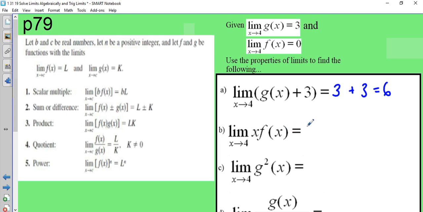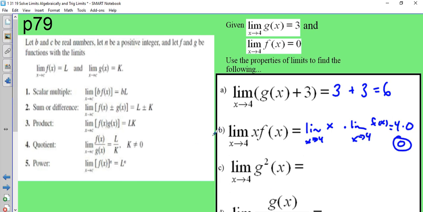Awesome, huh? All right, for this one, we're going to find the limit as x approaches 4 of x, and multiply that by the limit as x approaches 4 of f of x. Well, this limit, as x approaches 4, by direct substitution is 4, times the limit as x approaches 4 of f of x, which we know is 0, so our limit is 0.